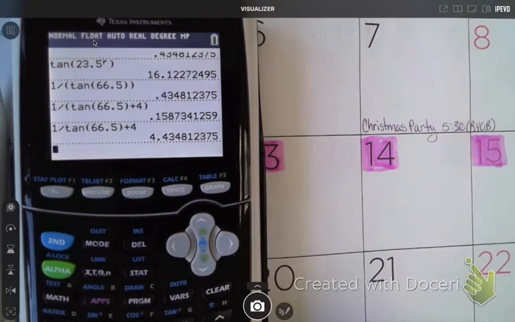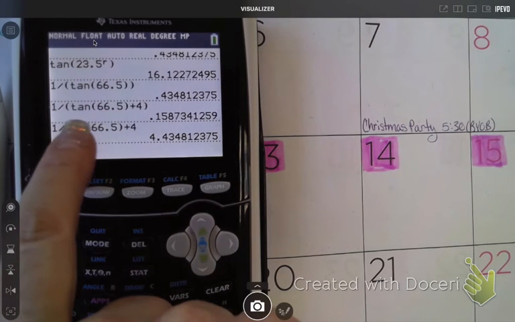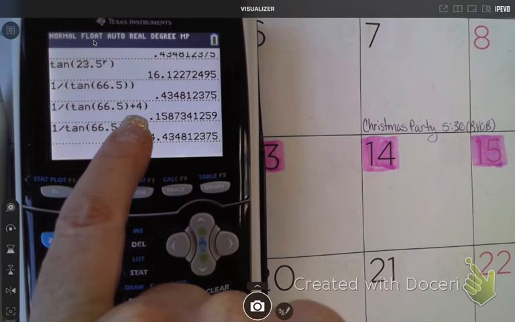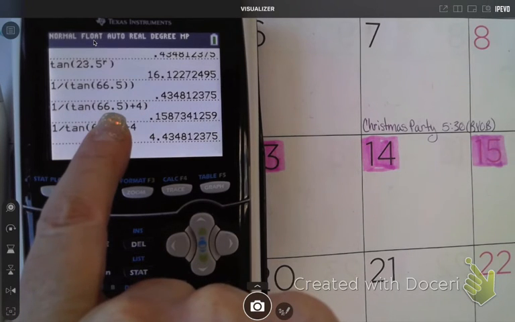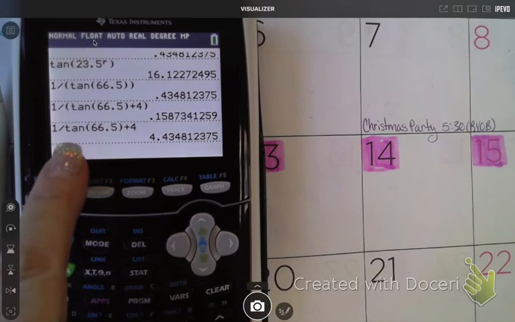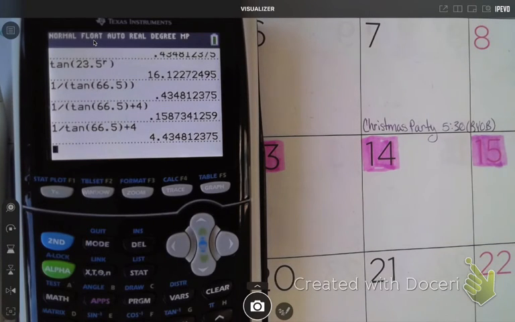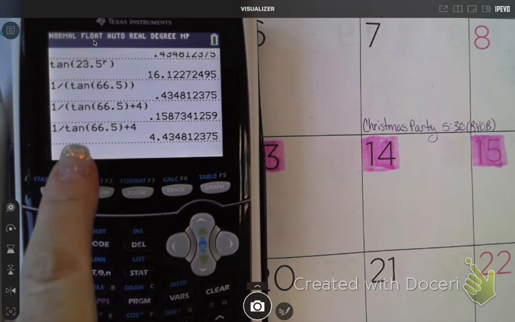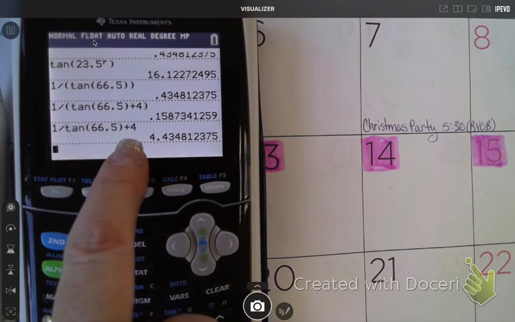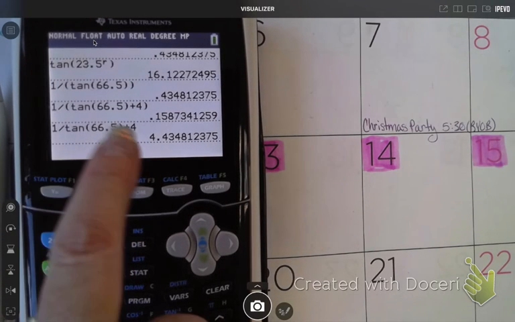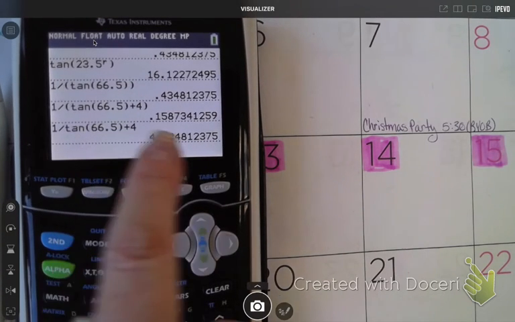Yes. Because this one took the tangent of 66.5, added 4, and then took 1 divided by that answer, which it's supposed to do, correct? But this one follows order of operations, so it's going to go functions, division, addition. There's no parentheses to tell it to do the function, then addition, is there? So it's going to do the function, the division, and then add 4. And that's not the right answer.